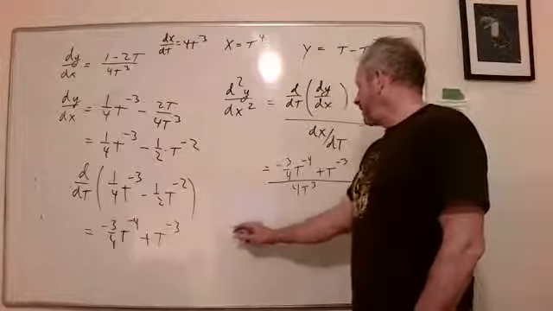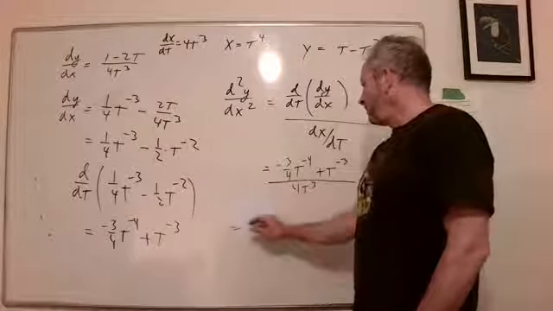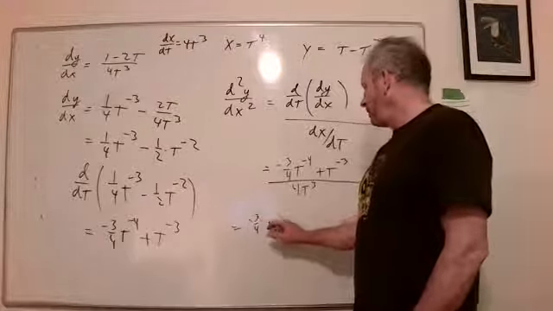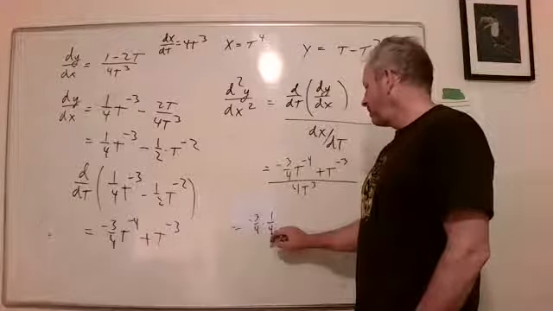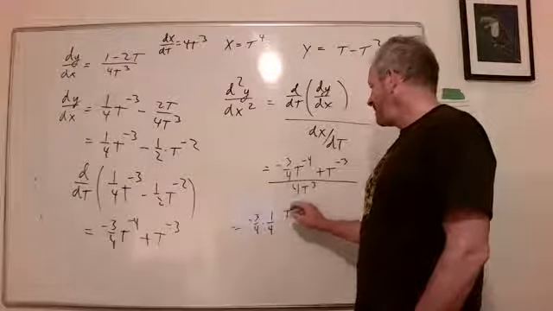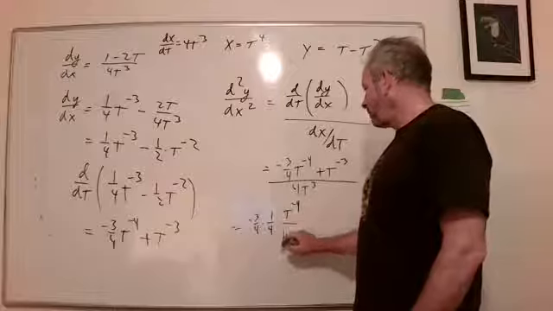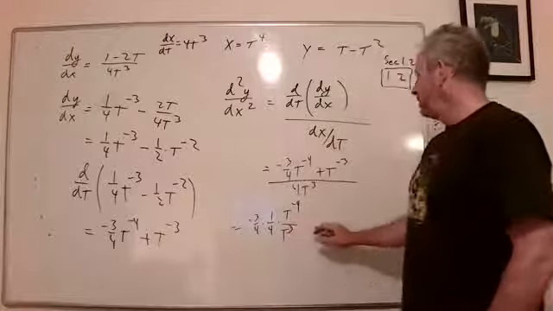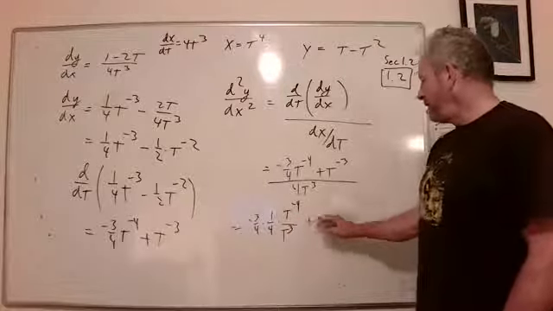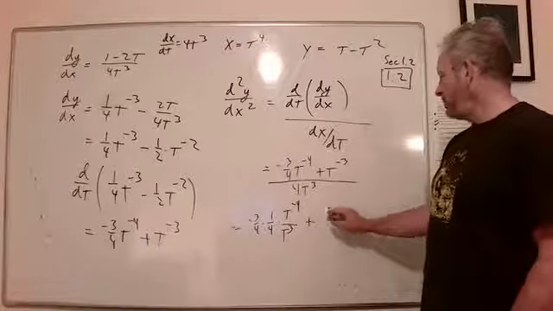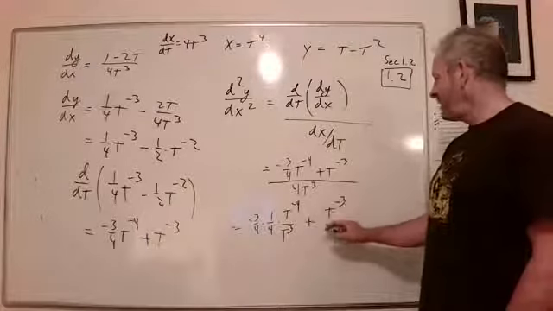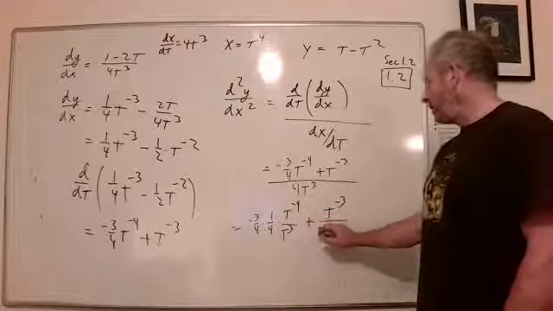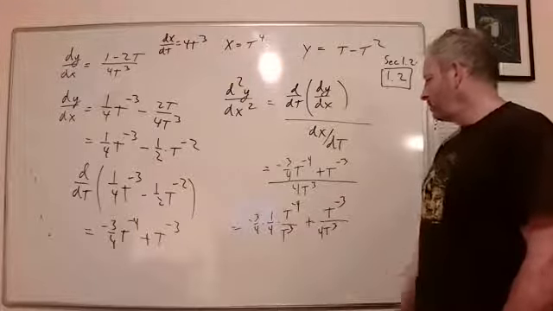Let's split up this fraction. This first part here, we'd have negative 3/4 times 1/4 times t to the negative 4 over t cubed, and then plus, from this part right here, t to the negative 3 divided by 4t cubed.